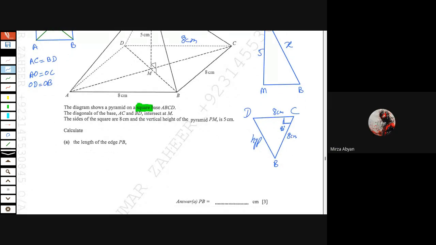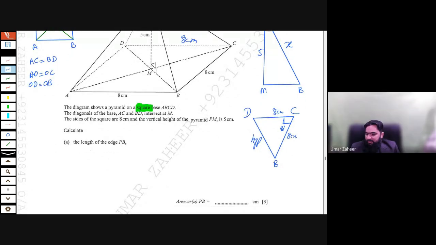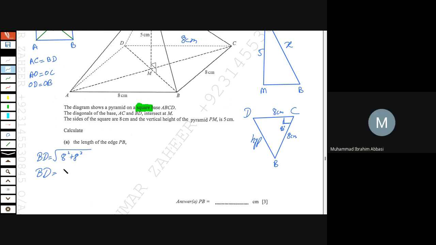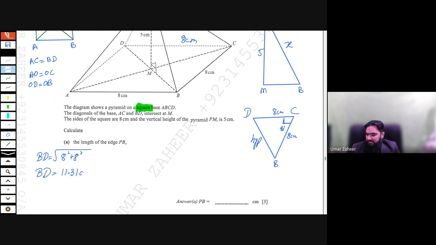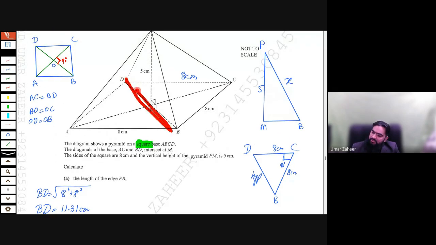No, sir. Okay, so BD will be equal to the square root of 8 squared plus 8 squared. The final answer is 11.31 centimeters. And I just told you that for the diagonal you need to take the half length, not the full length.